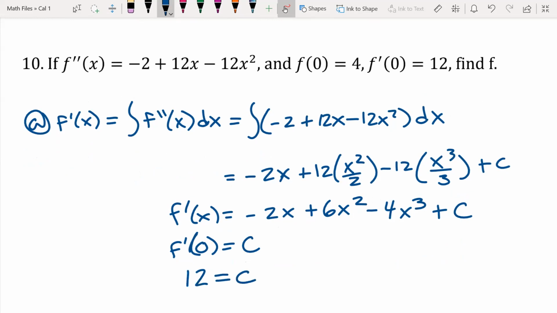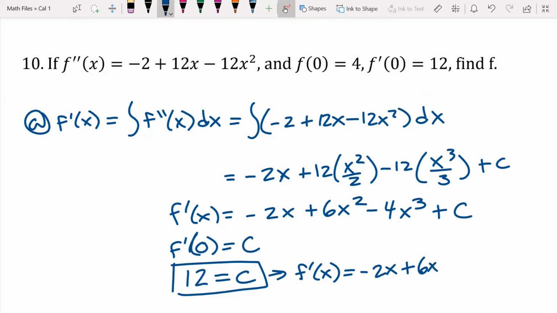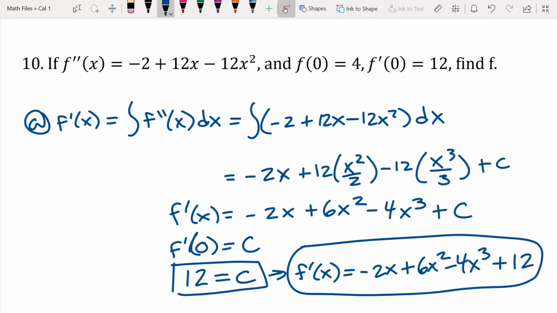So 12 equals c. Perfect. This means that f prime of x is negative 2x plus 6x squared minus 4x cubed plus 12. There's the first derivative. And now we want to find the original function.